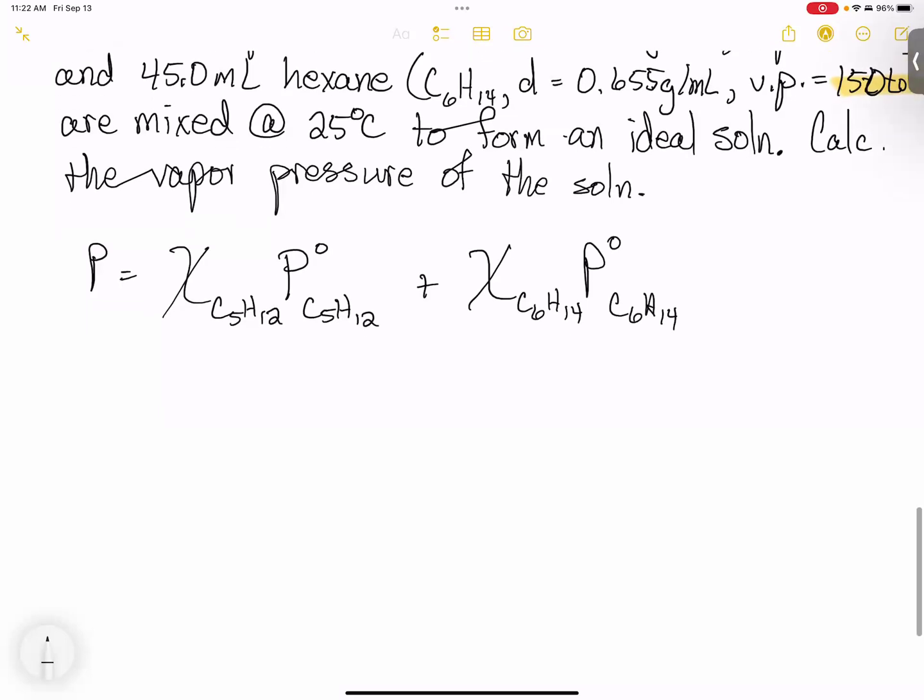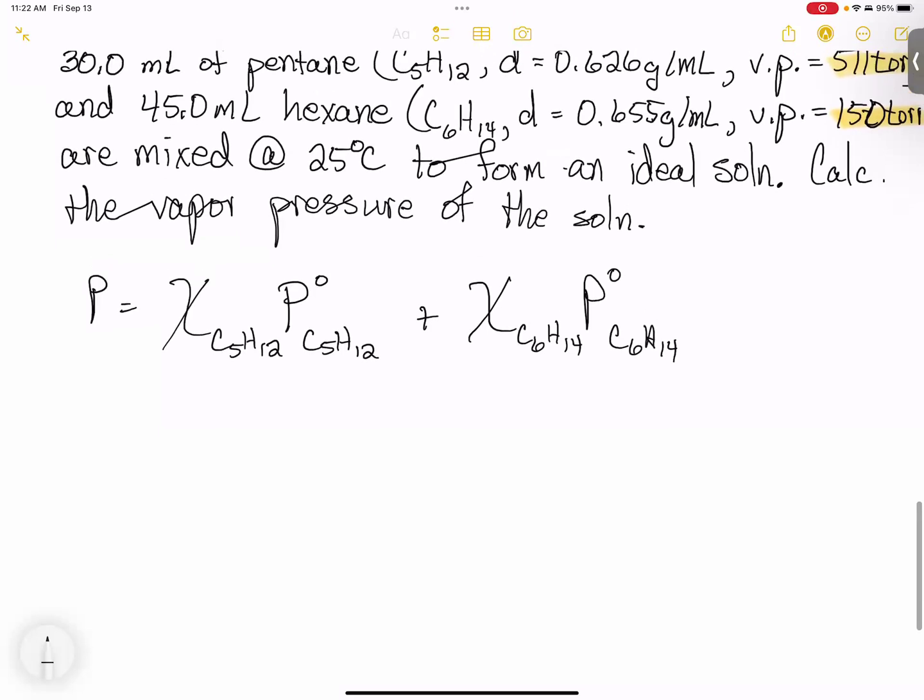So in order to do this, I'm going to need to get the moles of all of my materials.